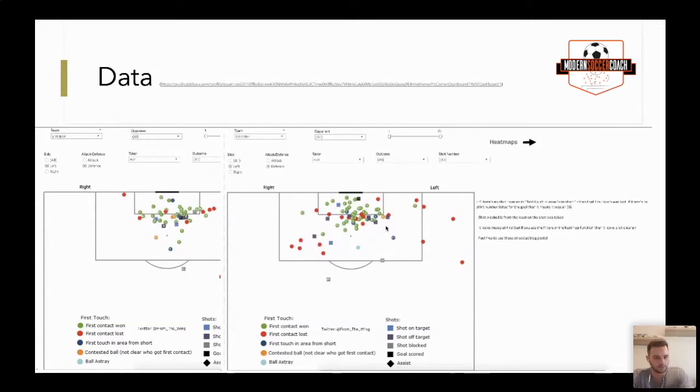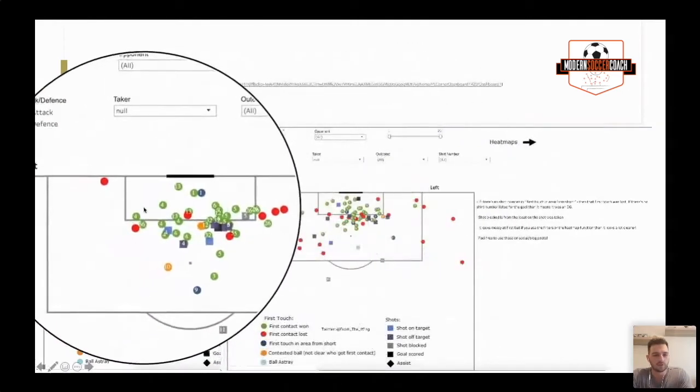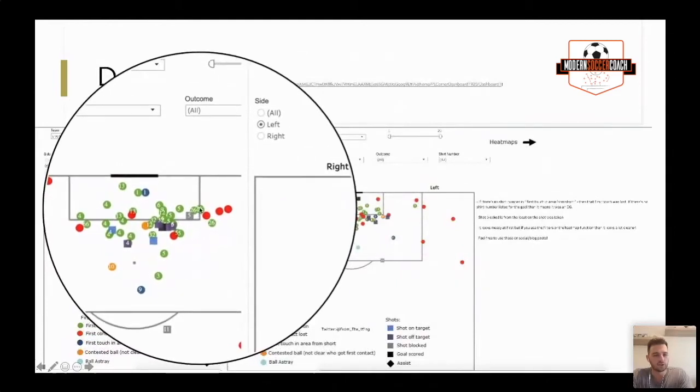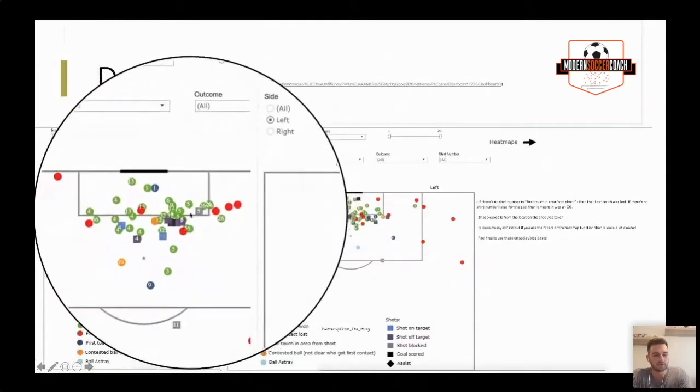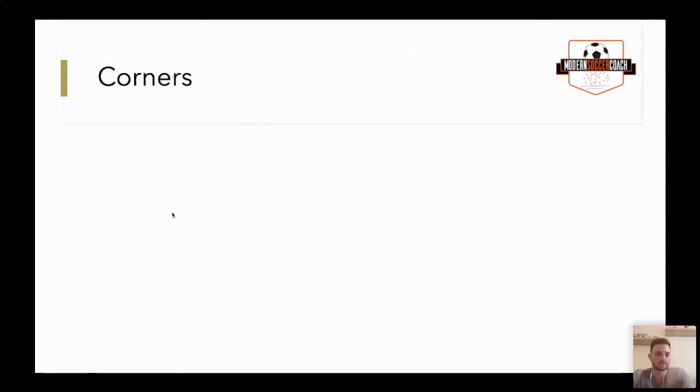If we check this data, we can see that almost none of the four teams conceded shots from inside the 6-yard box, which might be a sign that their first line positioning is great, but they had issues at the second line.